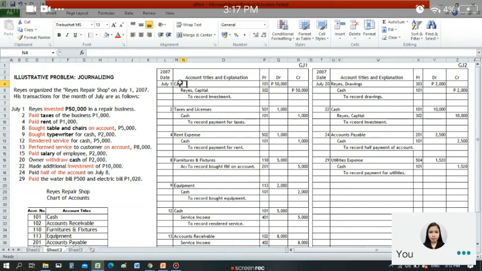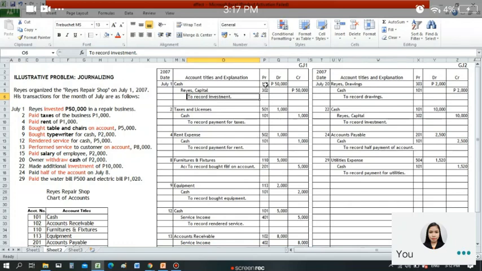In writing the account titles and explanation, you must apply the laddered format: first the debit account title, then an indentation for the second row with the credit account title, and last the explanation.